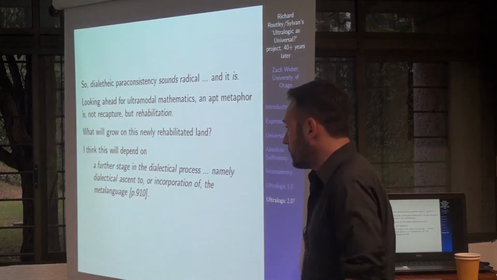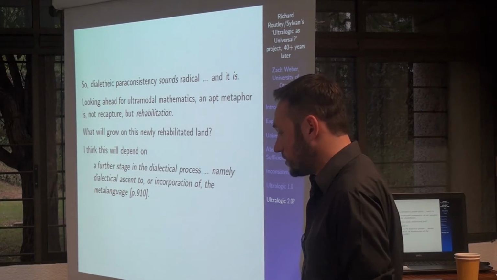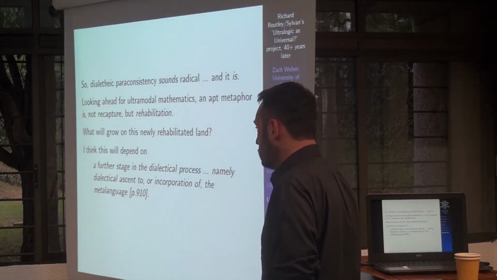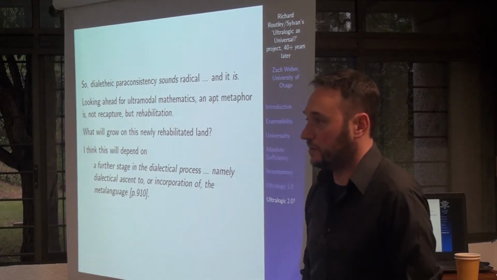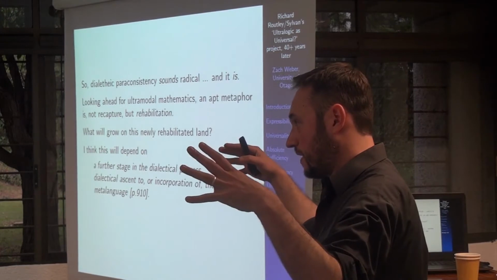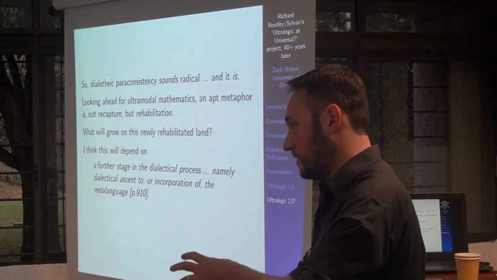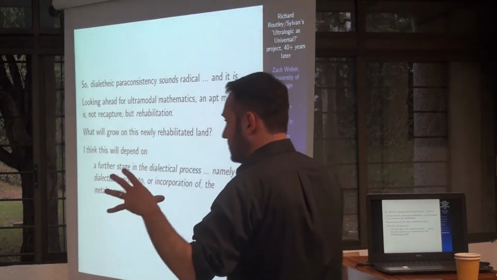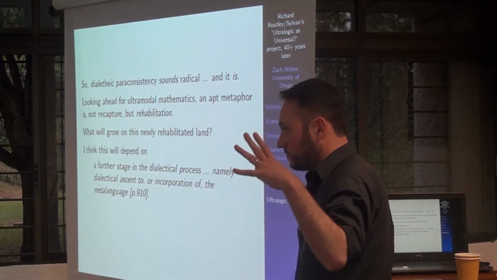I think this will depend on what Routley says is a further stage in the dialectical process, namely the dialethic assent to or incorporation of the metalanguage. So this classical project was we start with classical logic and construct inside of it a model of our inconsistent theories. And that's been done, and that's interesting.